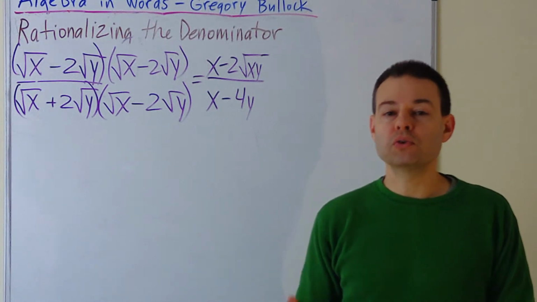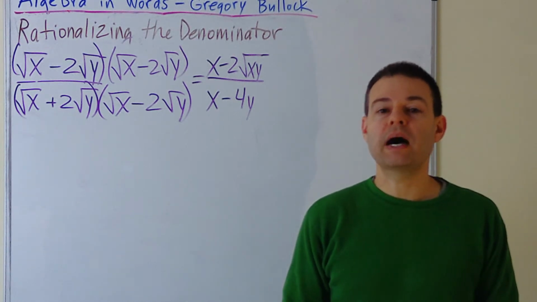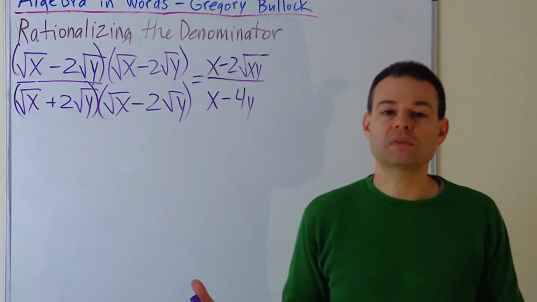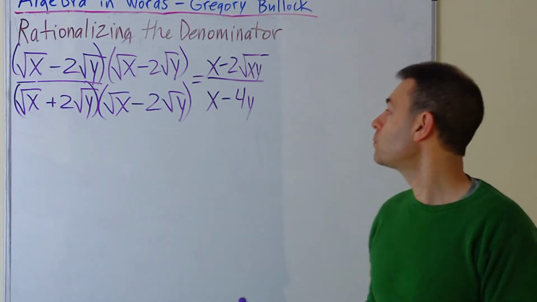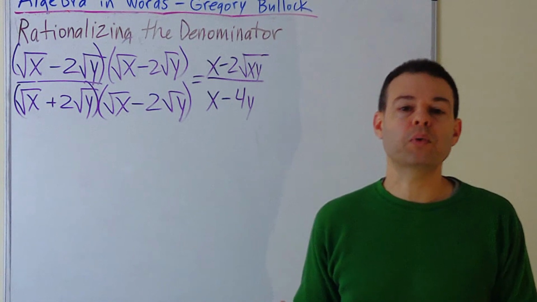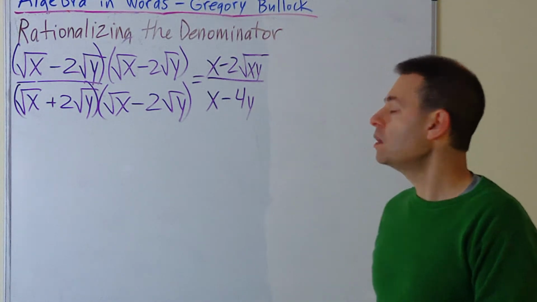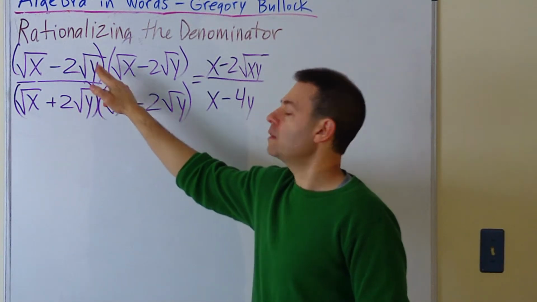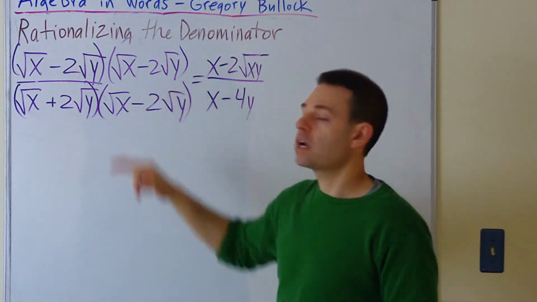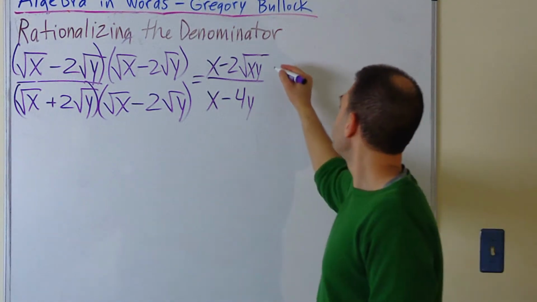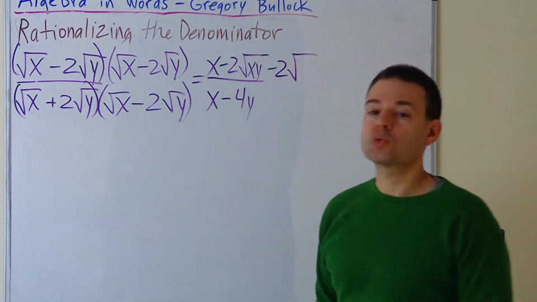Since the roots of the radicals are the same, I can combine their radicands together by multiplying them, which just becomes the square root of xy. But you will notice that that probably will play a role in the next step when we can combine like terms. Now let's do the product of the inside. Negative 2 square root of y times square root of x is going to be negative 2 square root of xy.